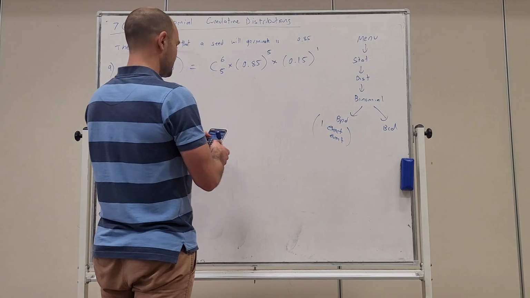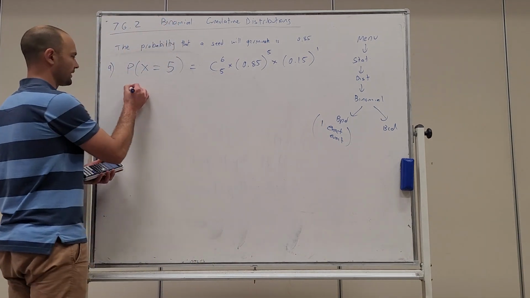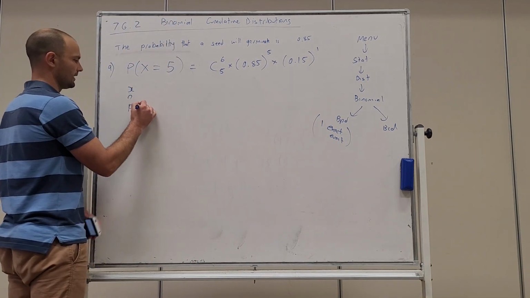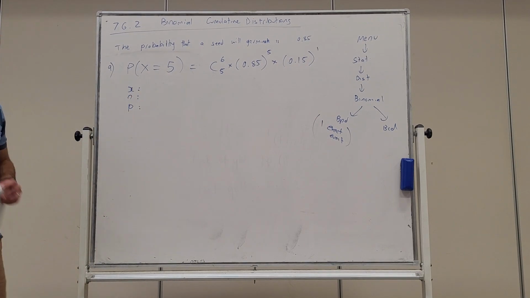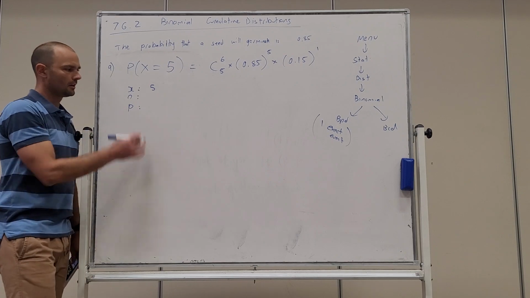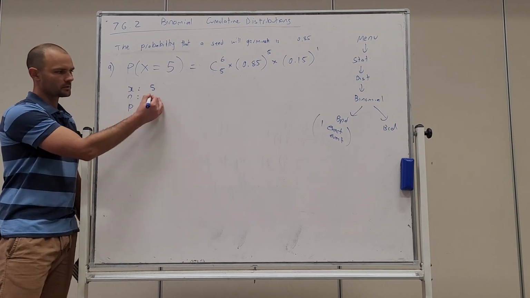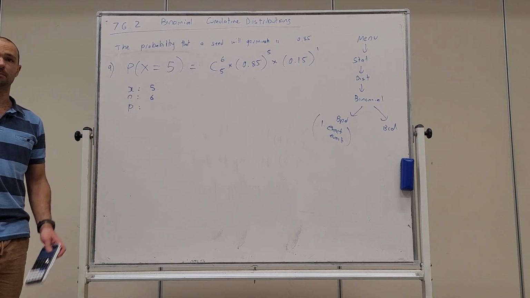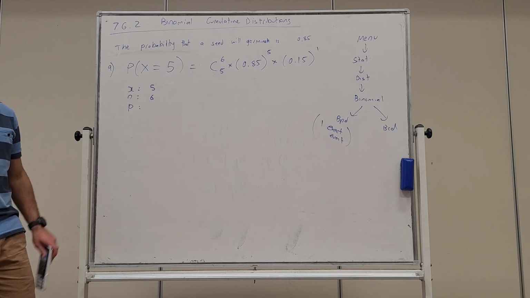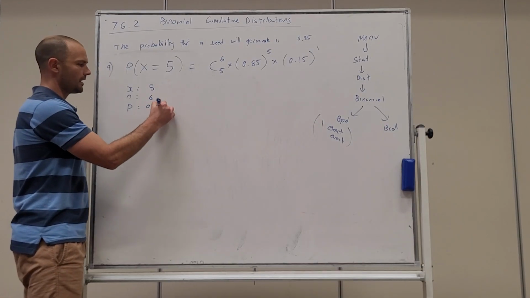And so we've got X, num trial, and P. They're the things we need to fill in. X, N, and P. Now, X is the number of successes. So we're going to put 5 there. N is the number of trials. We're going to put 6 there. And P is the probability of germination, which is 0.85. So we'll put that there.